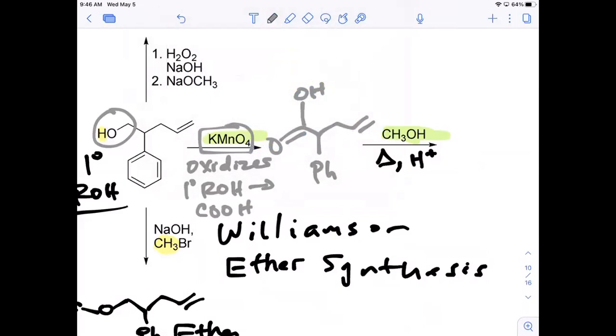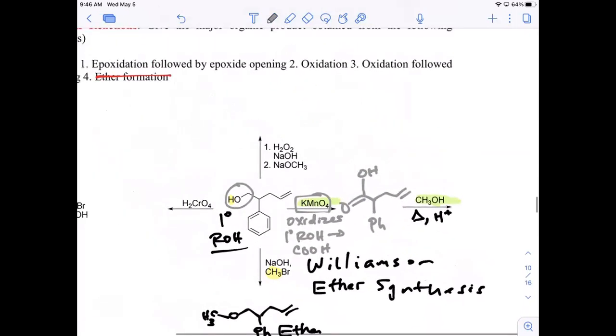So what type of reaction is that? You've got choices up top, I think. So we know we did oxidation. What happens to carboxylic acids when you react them with alcohols?